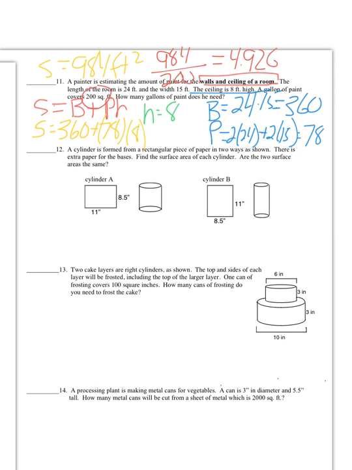Of course, you can't buy 4.92 gallons at the store, so we are going to round that to 5 gallons. So our first answer will be 5 gallons of paint. And that's how you do number 11.